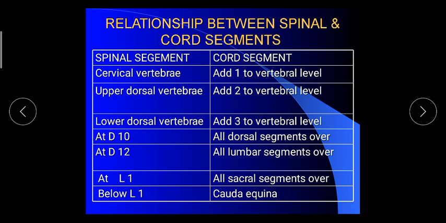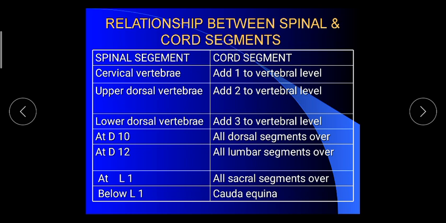What are the levels? If a cervical vertebra is fractured, suppose the C5 vertebra is fractured, you have to add one vertebral level and it will correspond to the C6 spinal cord segment.